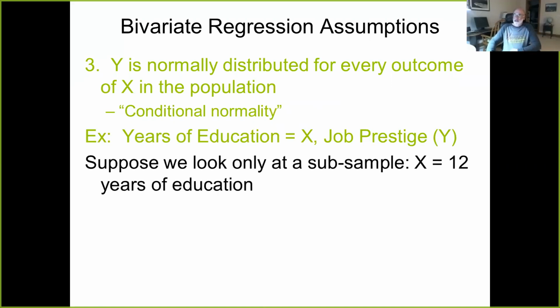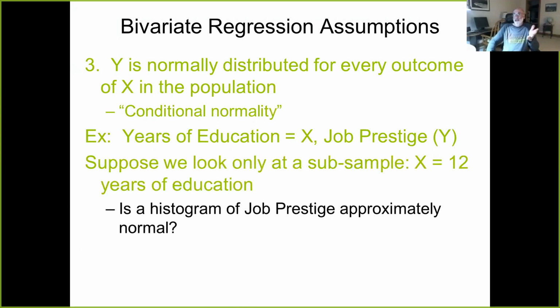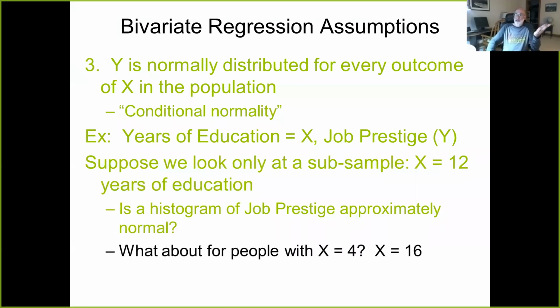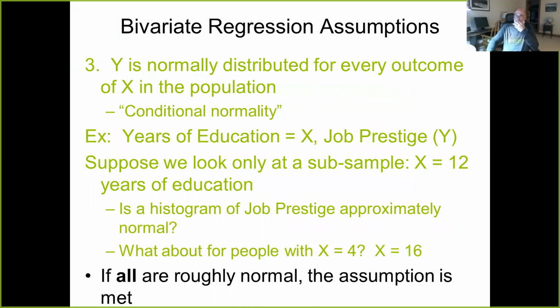If you look at a subsample, 12 years of education, high school diploma, you would look at a histogram of the prestige and ask, is it approximately normal? And then you would look at people with 4 years of college education, and is it still approximately normal?